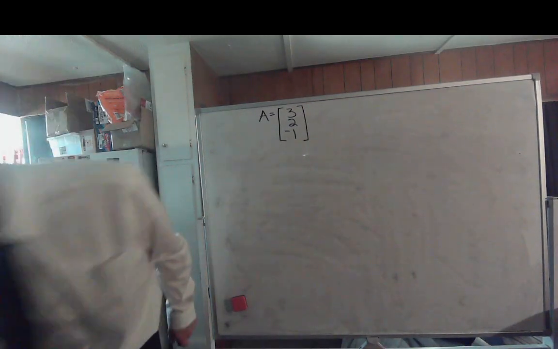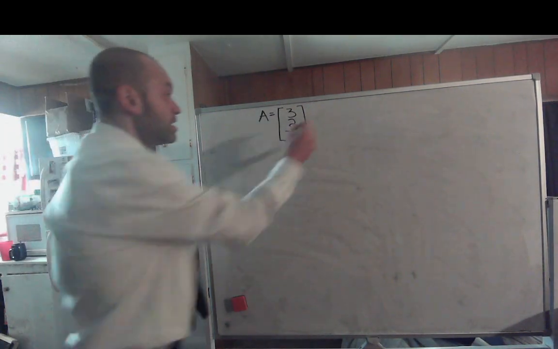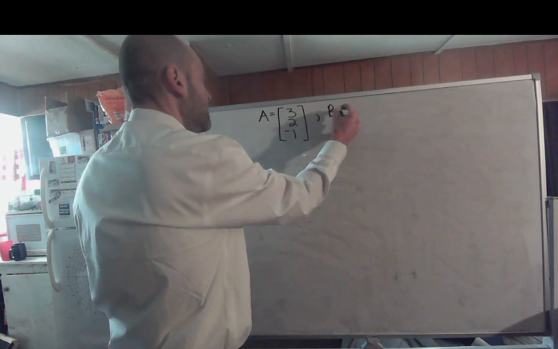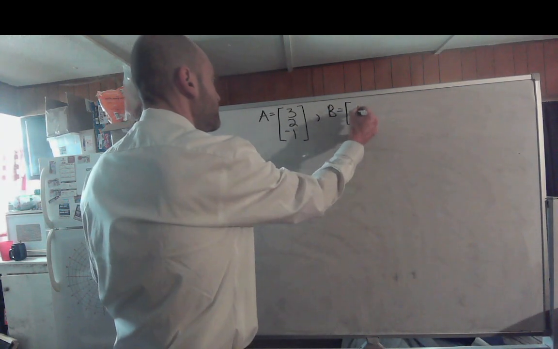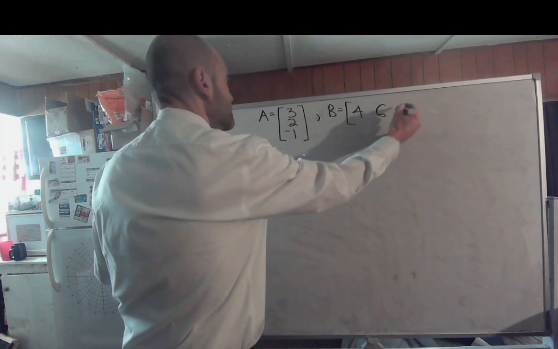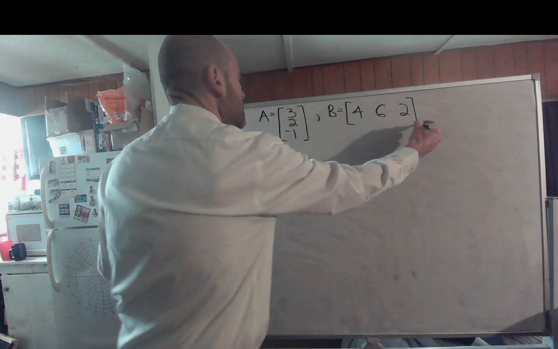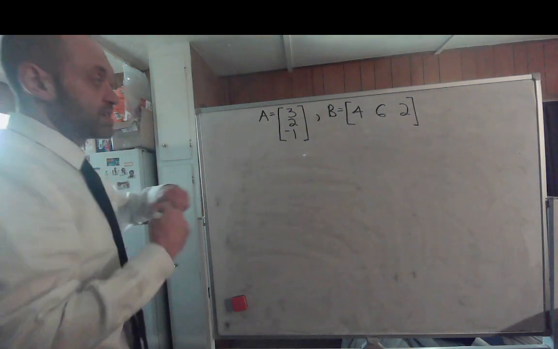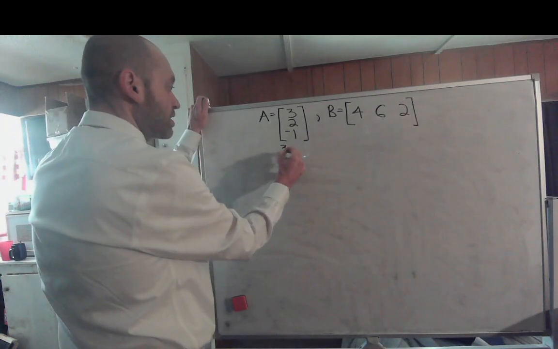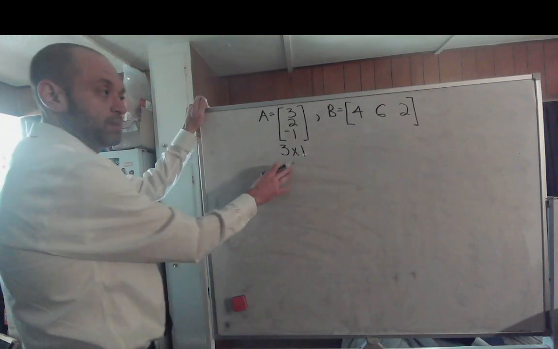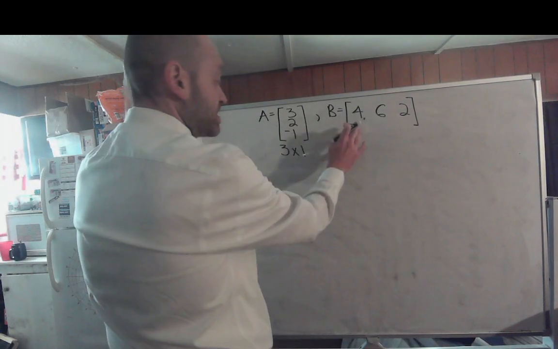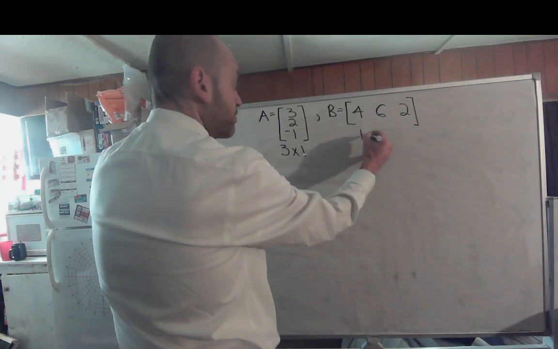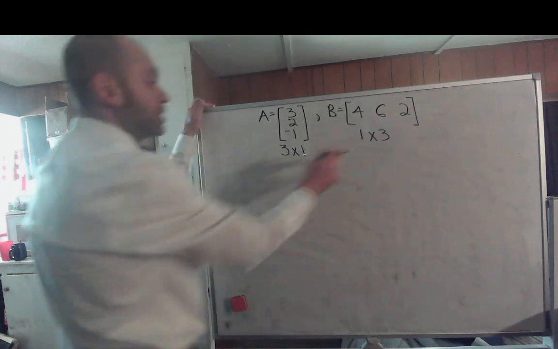B has entries of 4, 6, 2. We can clearly see they're not the same dimensions because matrix A has 3 rows and 1 column. This is a 3 by 1 matrix. Matrix B has 1 row but 3 columns. This is a 1 by 3 matrix.